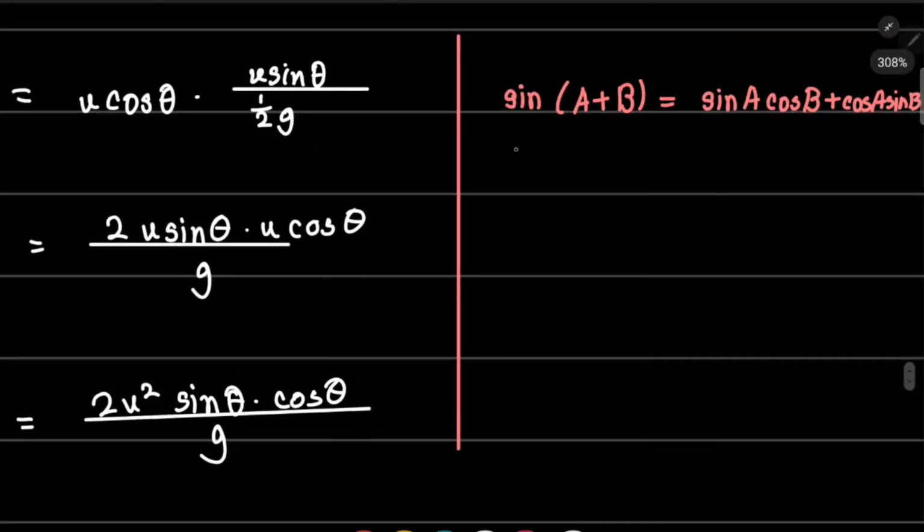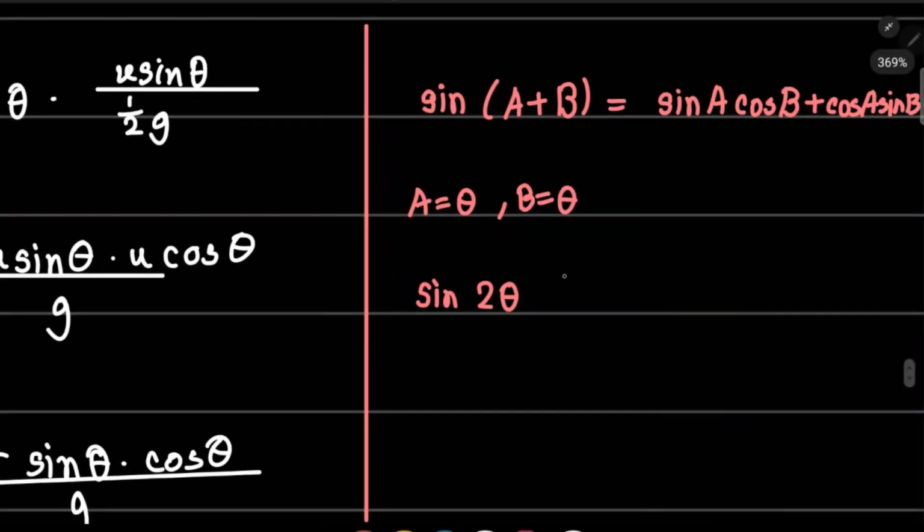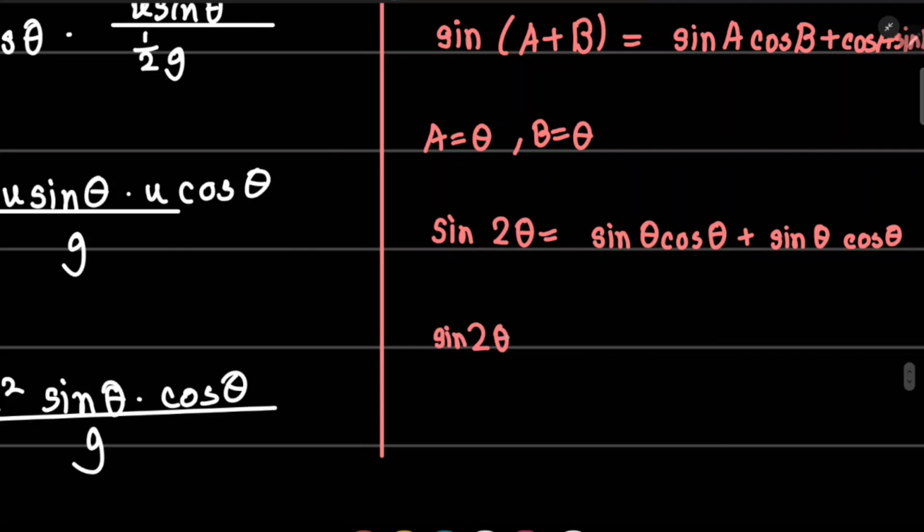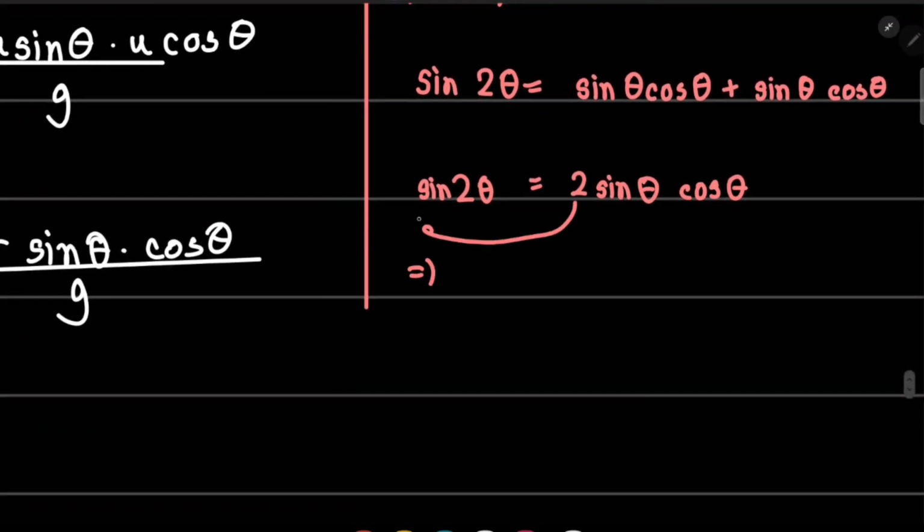Now, if a and b were both equal to theta, we'd get sin 2 theta. So theta plus theta is 2 theta. This would be equal to sin theta cos theta plus sin theta cos theta. So sin 2 theta is the same as 2 sin theta cos theta. If we move the 2 over on the left, we get sin theta cos theta equals half sin 2 theta.